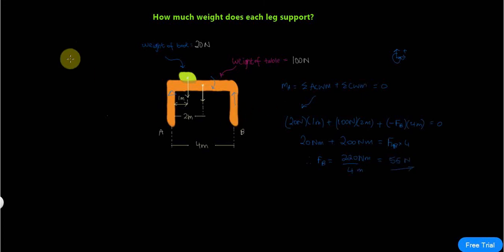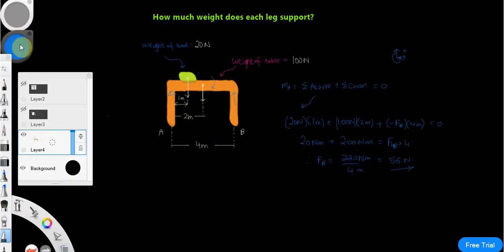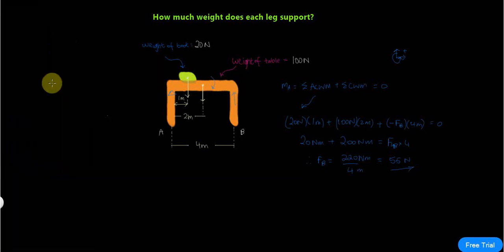Alright, so leg B has to supply 55 newtons, or is taking 55 newtons in the specific scenario. If I look at the moments about point B, so in other words, now I'm trying to find out how much weight is being supported by leg A, and I treat B as the pivot point.